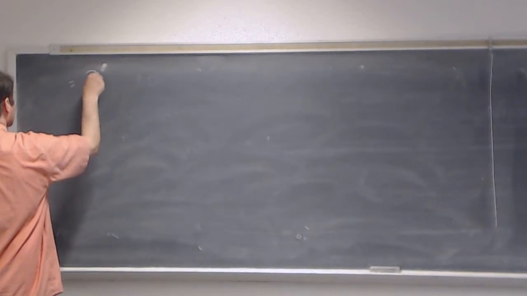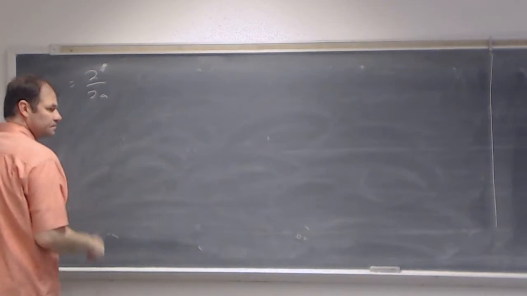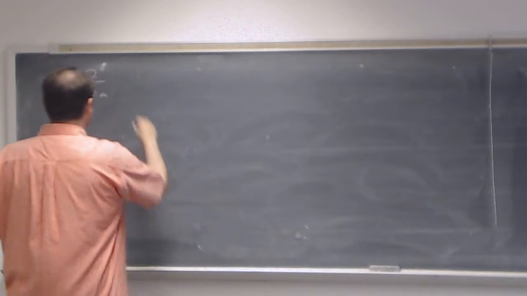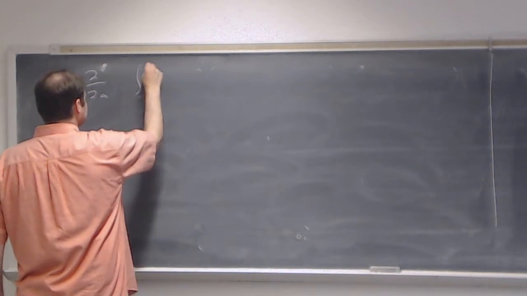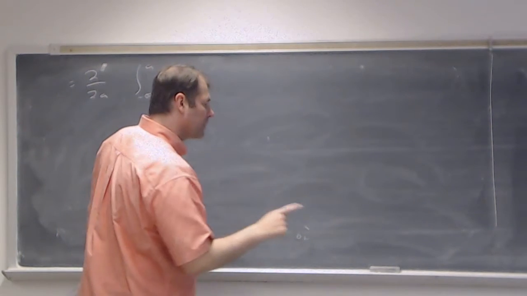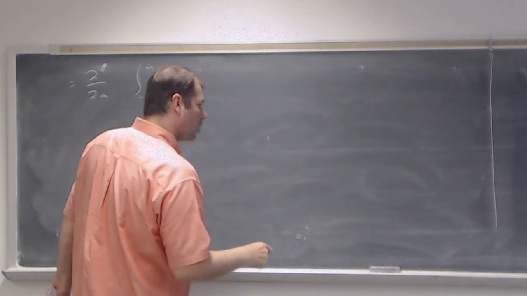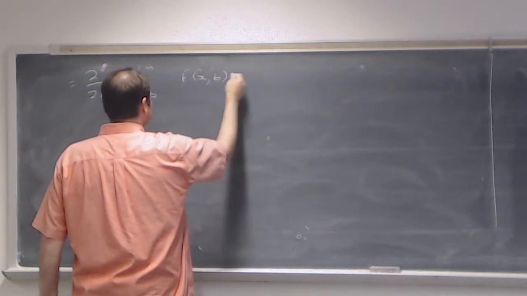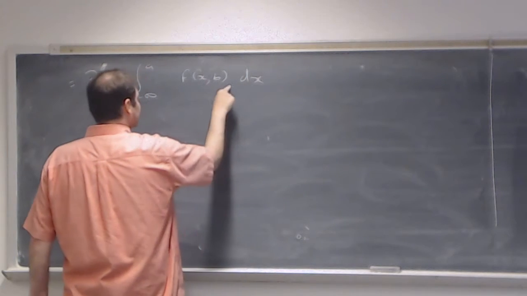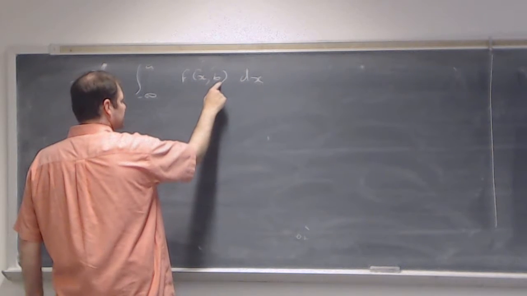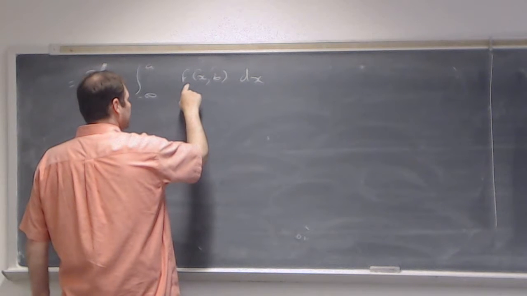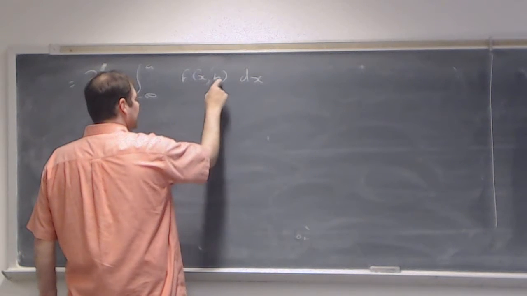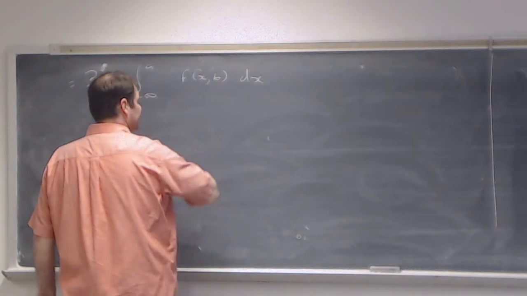What we get is this is equal to the partial with respect to a. Here is an integral from minus infinity to a. By the fundamental theorem of calculus, that next part is nothing more than f of x, b, then dx. So that inner integral's derivative just becomes the joint PDF evaluated at x, b.